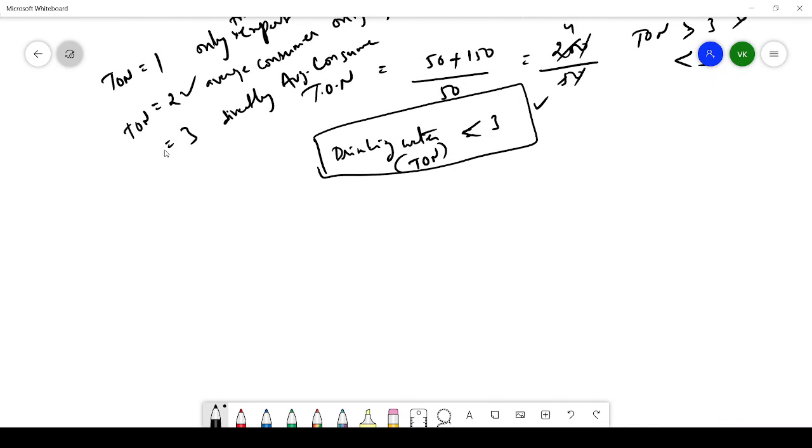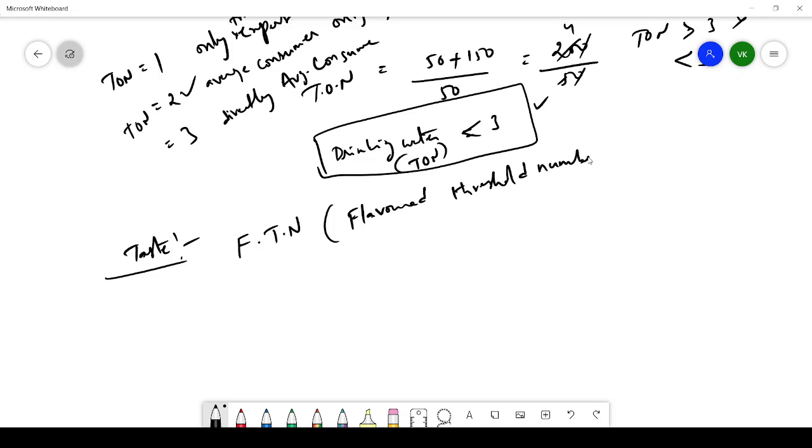And the taste of water is also similarly identified by this method. The taste is expressed in terms of FTN, flavor threshold number. The formula is the same: the sample size plus the amount of distilled water added, divided by the sample size.